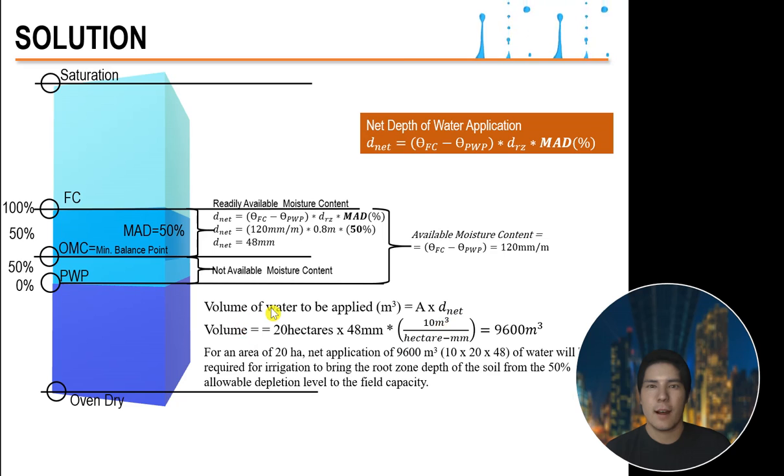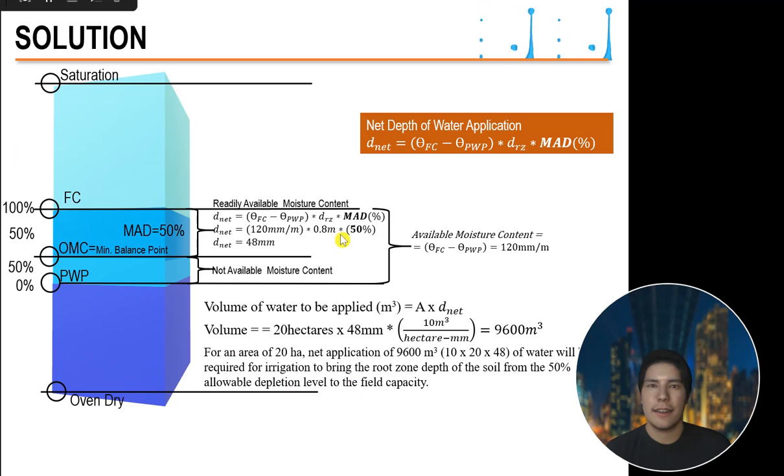Okay, so the volume of water to be applied is the area times the D net. The area is given, 20 hectares times 48 mm net depth, and then we convert the unit into cubic meters. So we have 9,600 cubic meters.